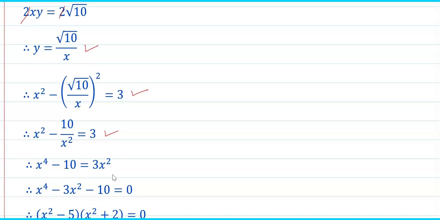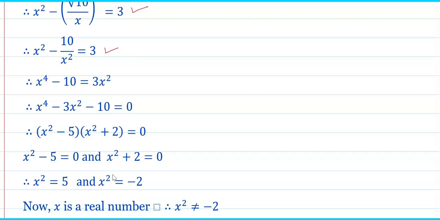That is multiplying on both sides by x squared. Again a quadratic equation: x raised to 4 minus 3x squared minus 10 is equal to 0. What will be the factors of this quadratic equation? x raised to 4 minus 5x squared plus 2x squared minus 10 is equal to 0.